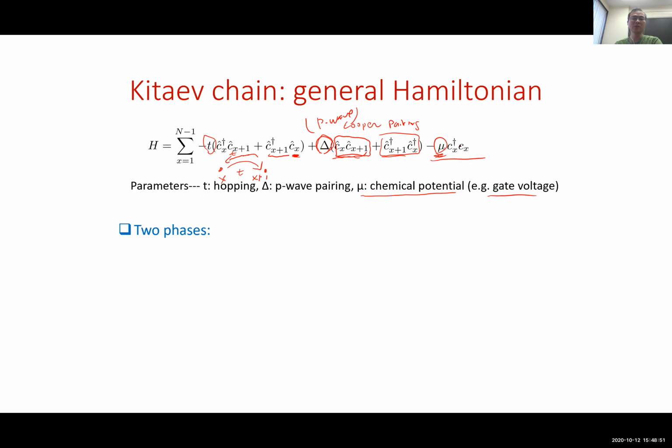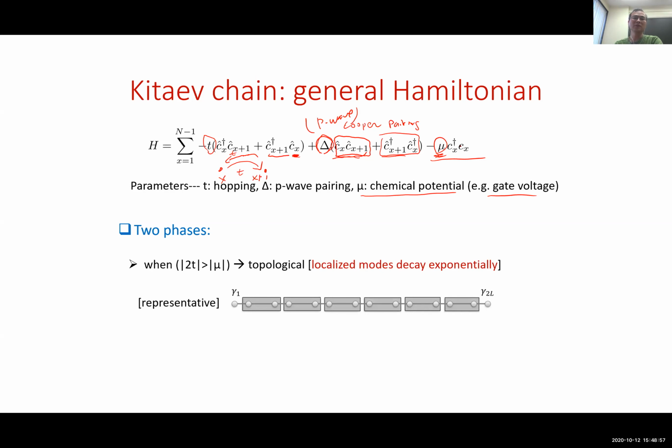And as we saw earlier in the representative models, there are two phases. So the constraint is that if the chemical potential is small enough, right? Chemical potential represents the trivial on-site strength. If it's much smaller than the hopping, then you are in the topological phase.